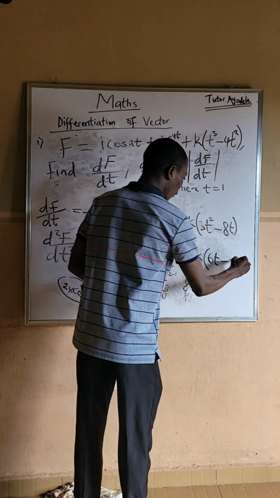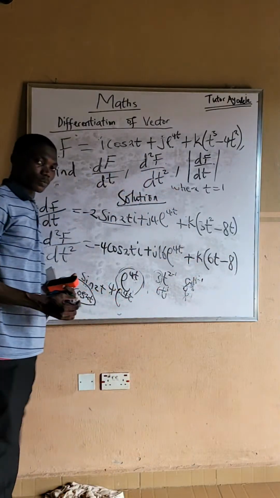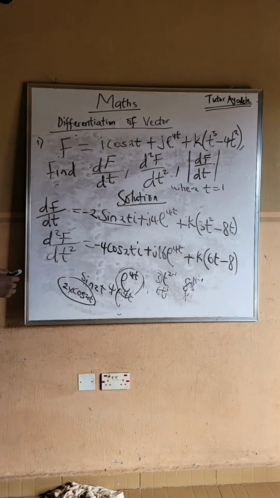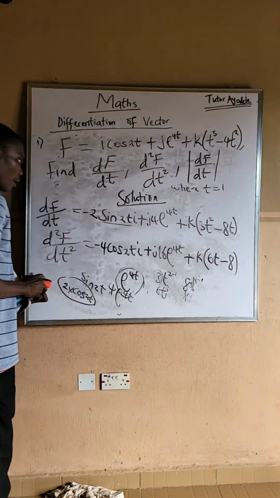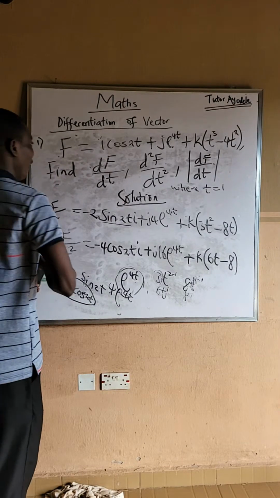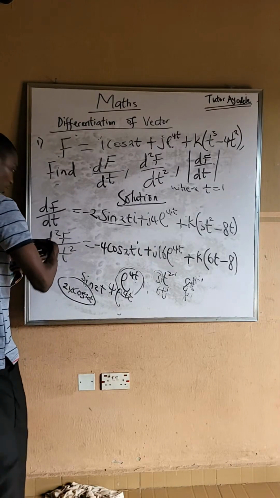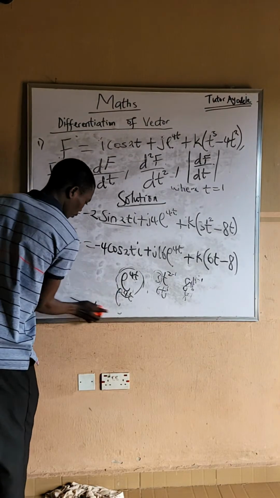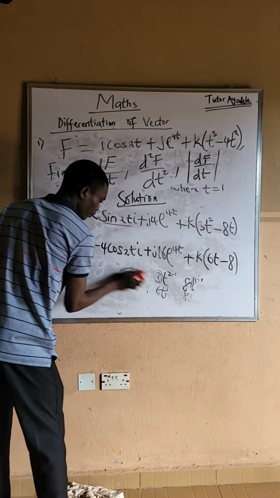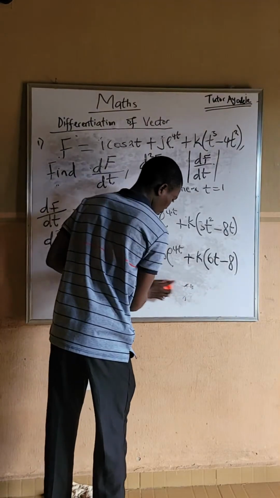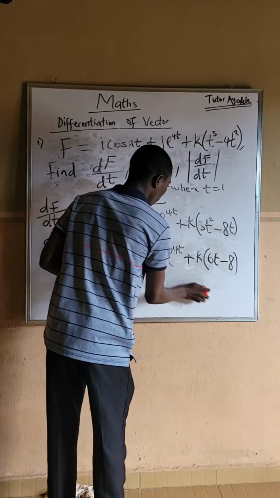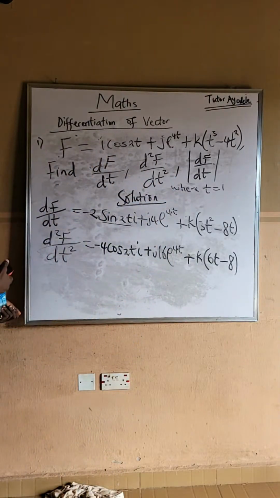So here I will have 8. Alright, so this is our second derivative. That's our second derivative.